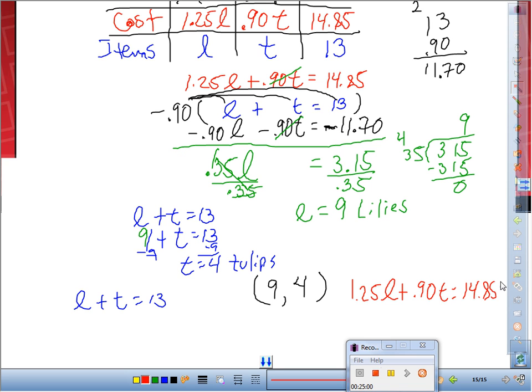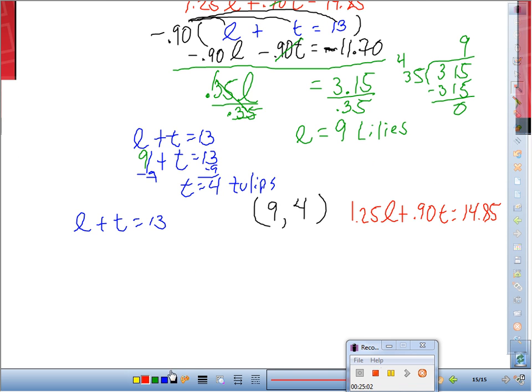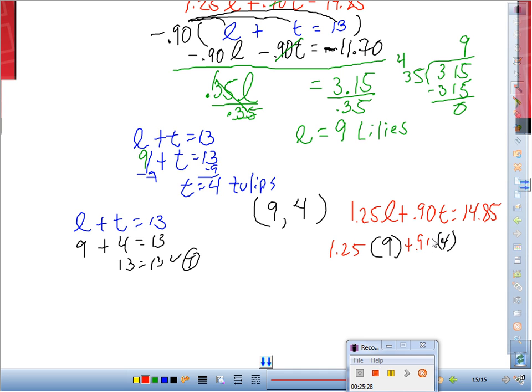14.85. All right, so therefore, let's see. We got 9 plus 4 equals 13. Is 13 equal 13? Yes. And over here, 9, and over here is 4. We got 1.25 times 9 plus 0.90 times 4 equals 14.85.